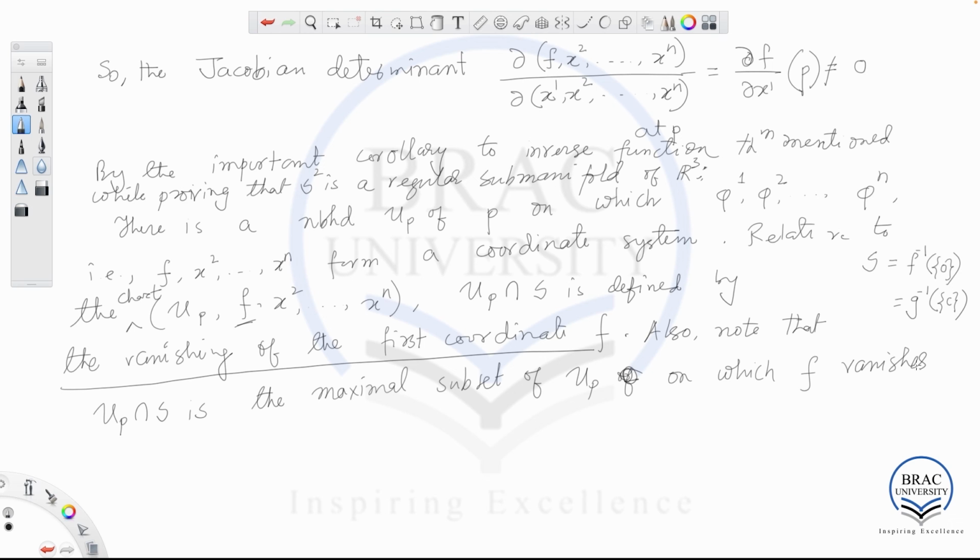Why? Because F inverse of 0 is equal to S. Okay. No other point in U sub P, outside of U sub P intersected with S, has F vanishing.